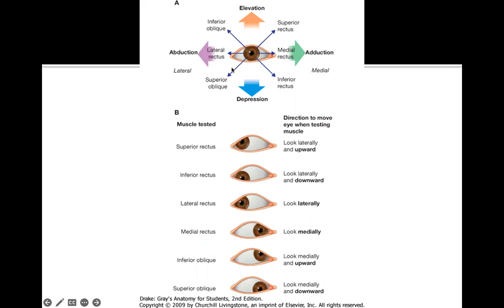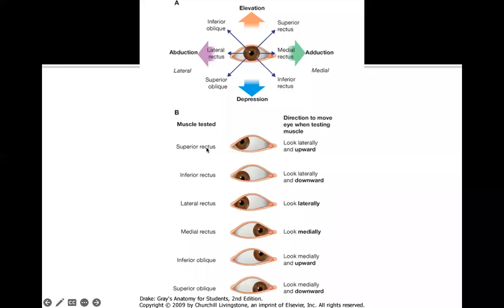Superior oblique will depress, inferior oblique will elevate but also rotate in a way. Then superior rectus and inferior rectus also do some depression and medial rotations. Okay, depression and elevation. So you can use this diagram to detect when you are testing for a muscle.